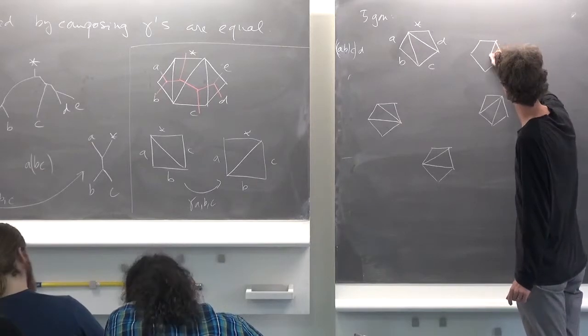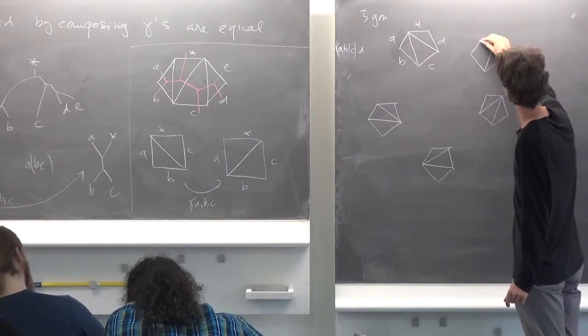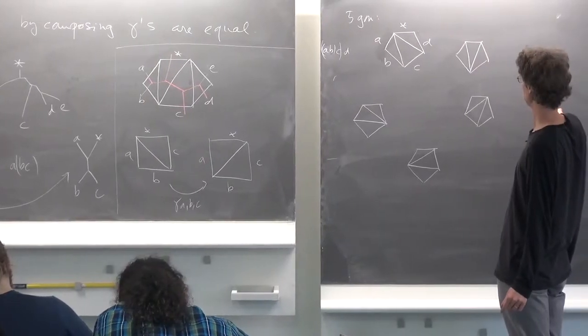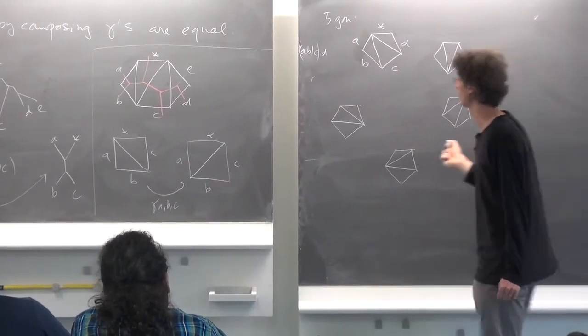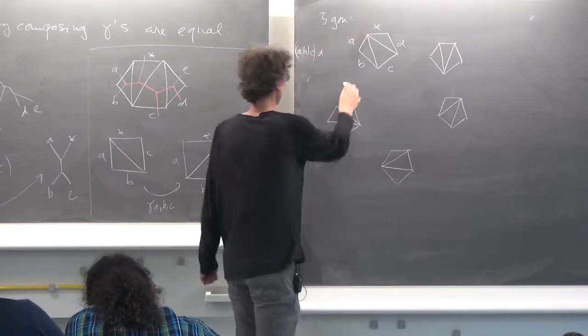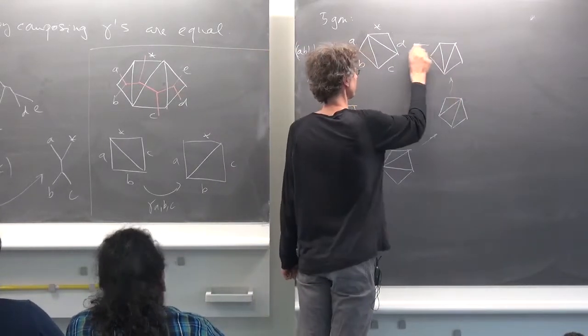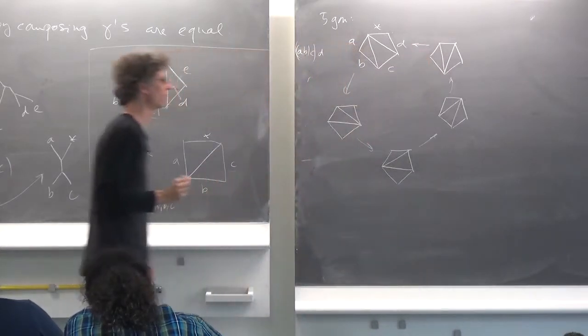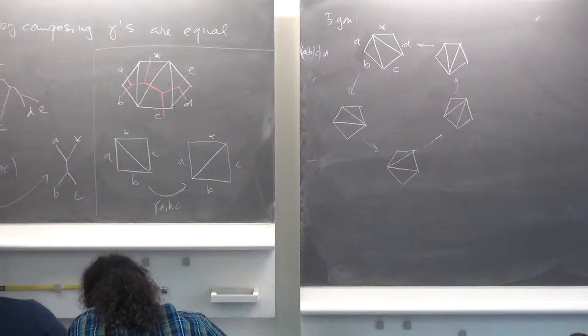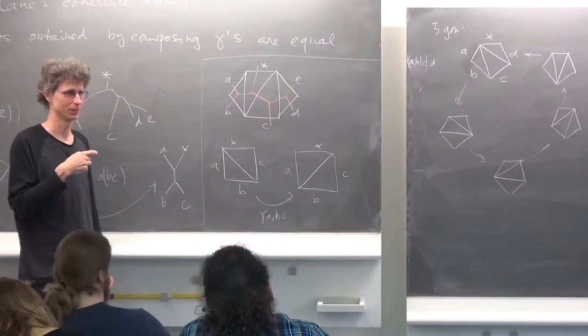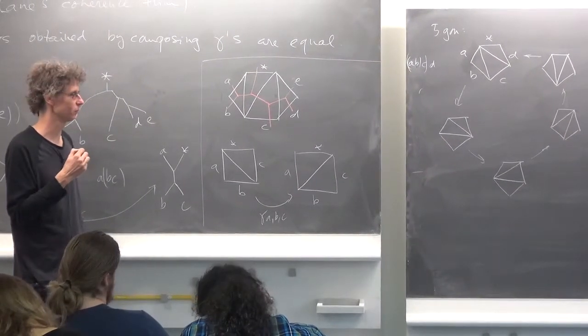And here I should do the flip here, I guess. Okay. So the pentagon identity says that this commutes, that when we do these kinds of things, it commutes.